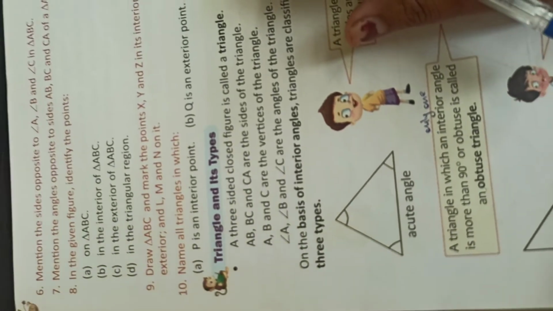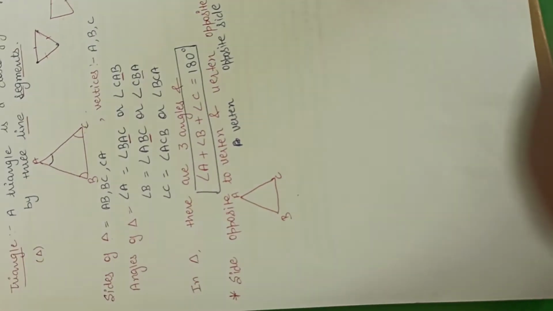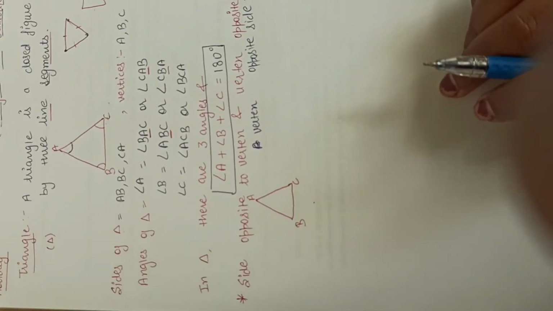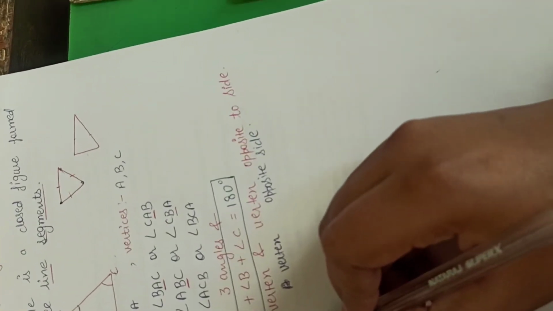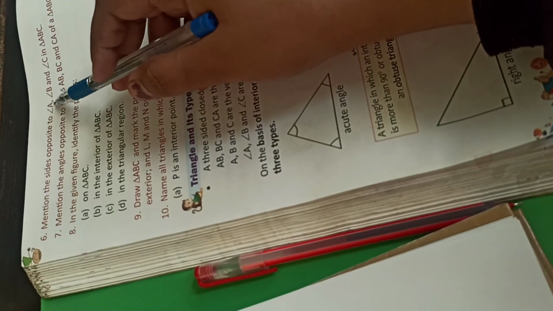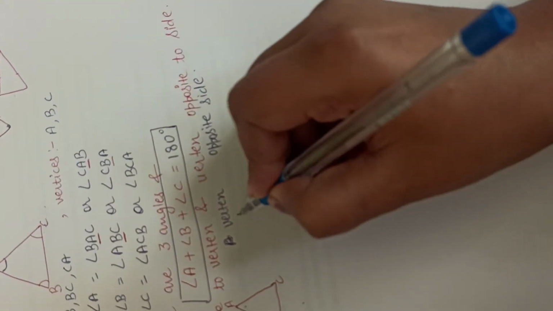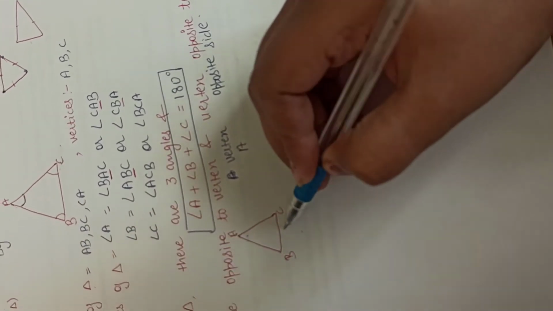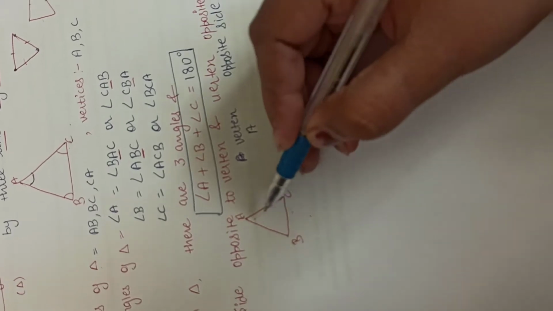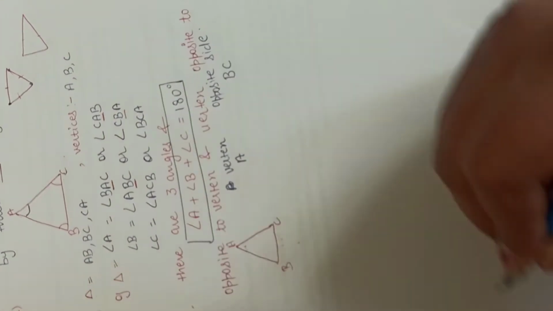Mention the side opposite to angle A, angle B and angle C in triangle ABC. So see, here is vertex A. Angle A in this question means vertex A. Opposite means which is in front of that, जो उसके सामने हो. So here the opposite is BC.